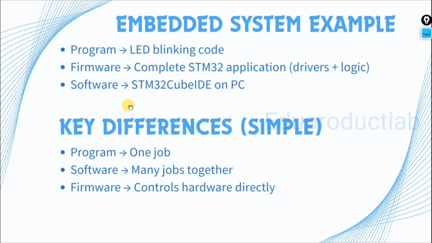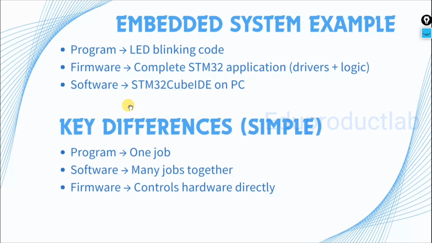Difference between firmware and software. Firmware handles hardware directly. Software provides services and applications to users. Storage: firmware is stored in flash memory or ROM. Software is stored on SSD, hard disk, or cloud storage. Updates: firmware is updated only when necessary. Software is updated frequently with new features and security improvements.